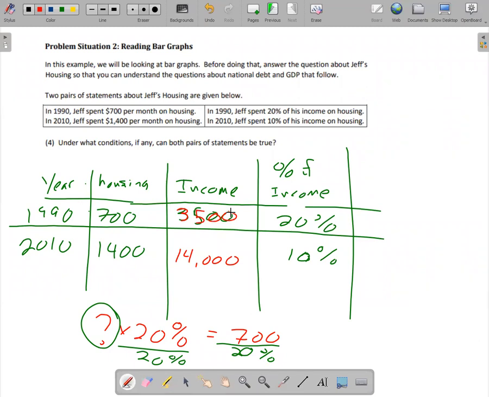So basically, for the higher housing to be a lesser percent, that means he must have made a lot more money later on for that to happen. Okay, so conclusion, the table kind of says it, but I think we should write a sentence for this too. So he made much, much more in 2010.